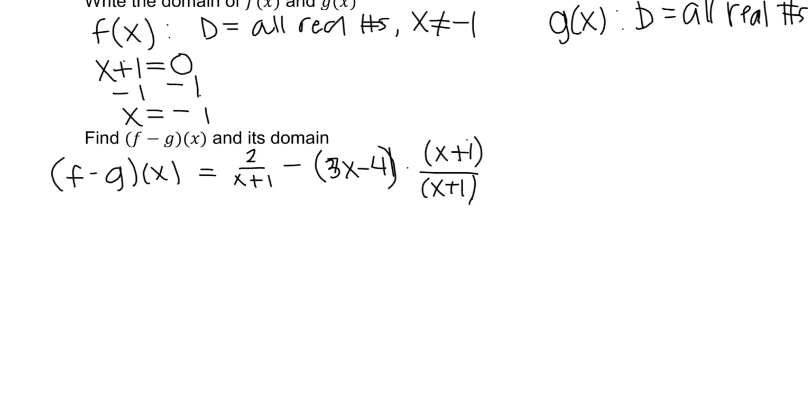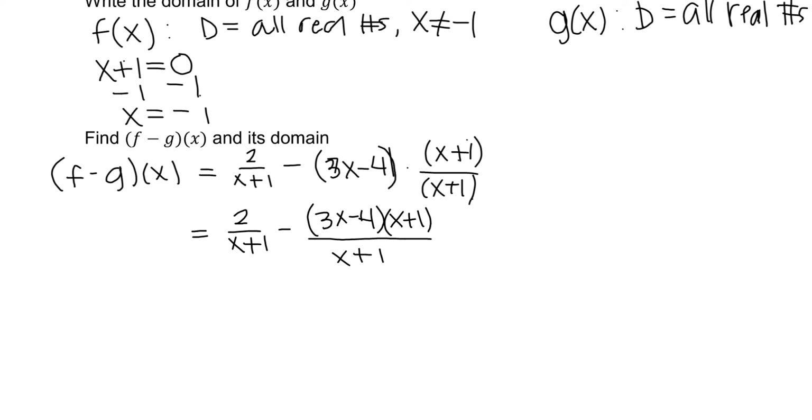So now I'm really doing 2/(x + 1) minus (3x − 4) times (x + 1)/(x + 1).